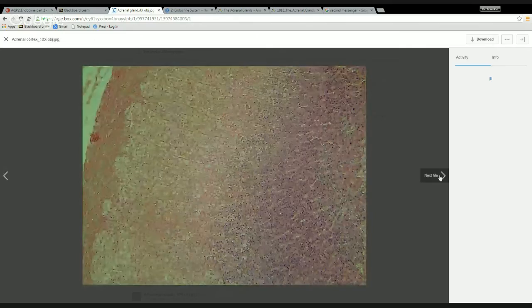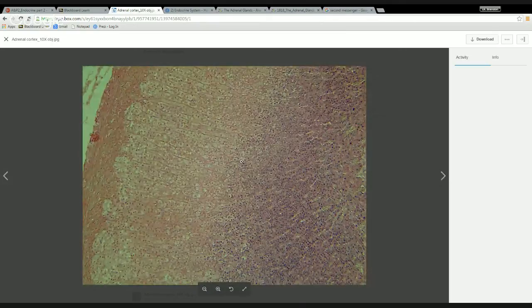But there's not a very distinct line between the fasciculata and reticularis. When there's a weak anatomical sign, structure, indication, it usually means that there's a weak physiological aspect to it also.